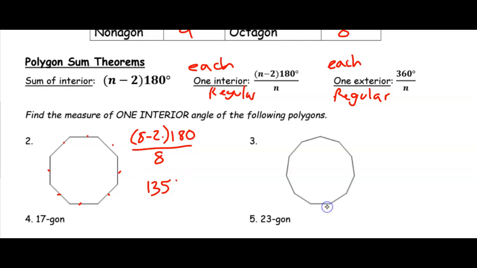All right, so 1, 2, 3, 4, 5, 6, 7, 8, 9, 10, 11. 11 minus 2 times 180 divided by 11.